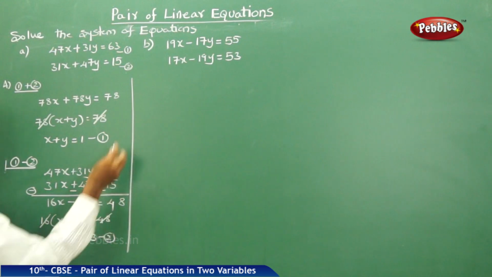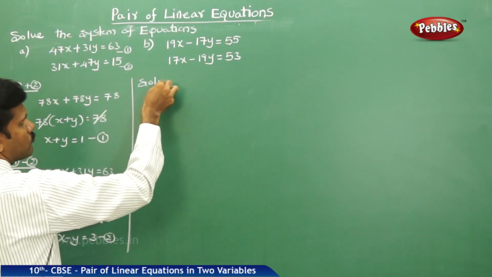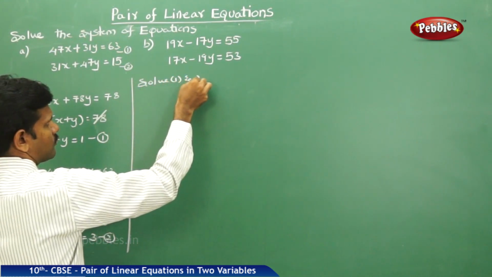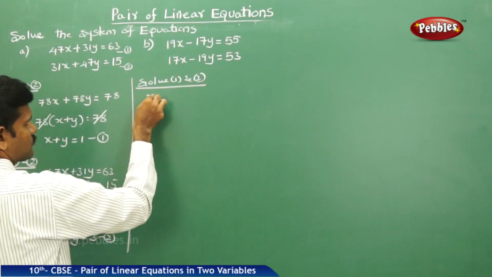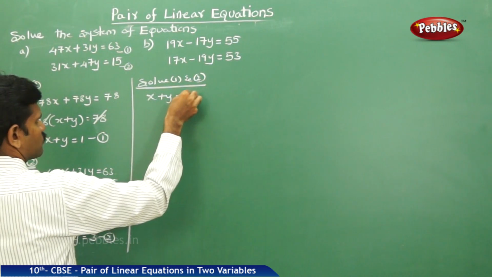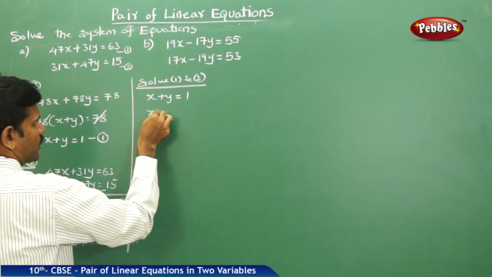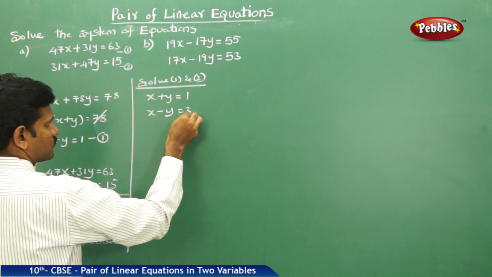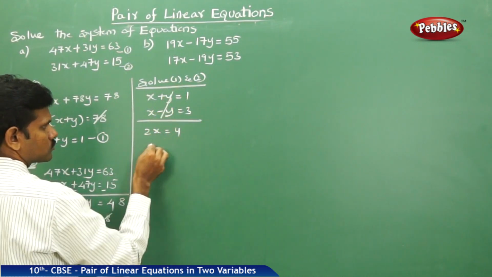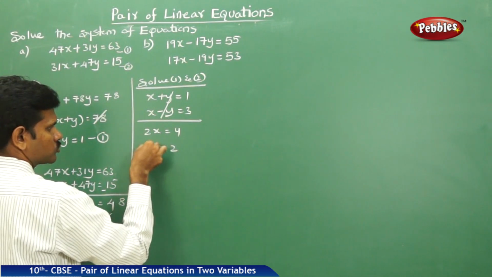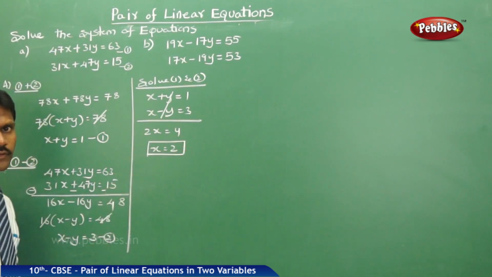Now solve equation 1 and equation 2. Equation 1 is x plus y is equal to 1, x minus y is equal to 3. 2x is equal to 4, x is equal to 2. Now I am ready with the value of x.